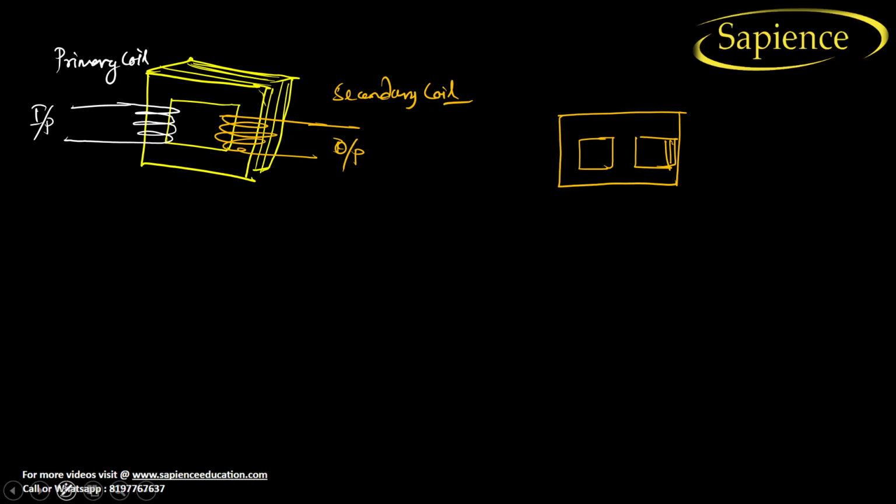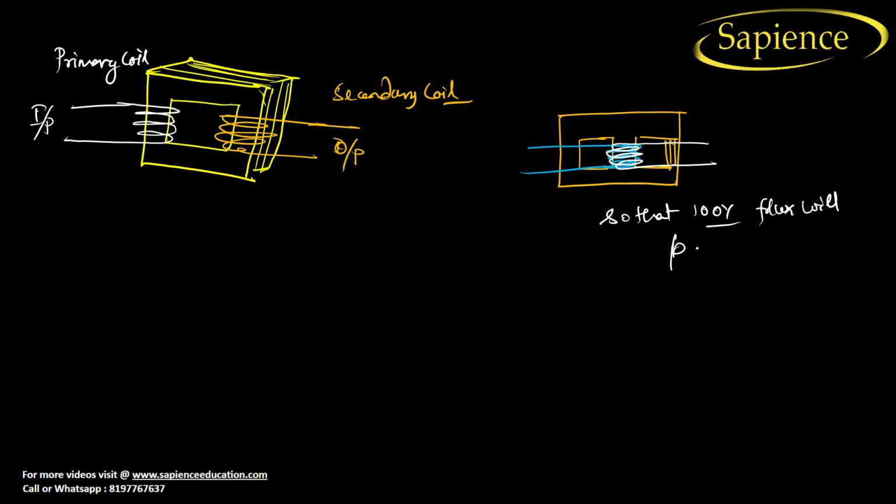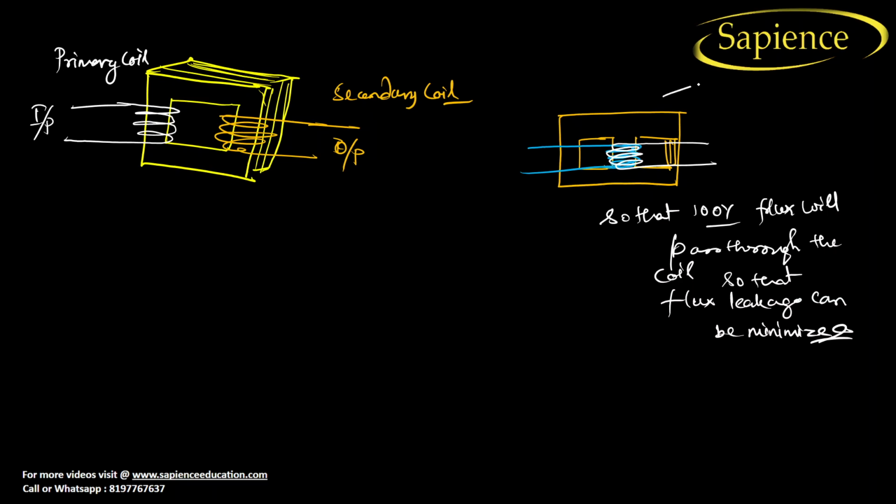Let us consider there is an input power supply like this, and the output coil will be wound at the same place, such that 100% of the flux will pass through the coil, so that flux leakage will be minimized. So this is the practical transformer.